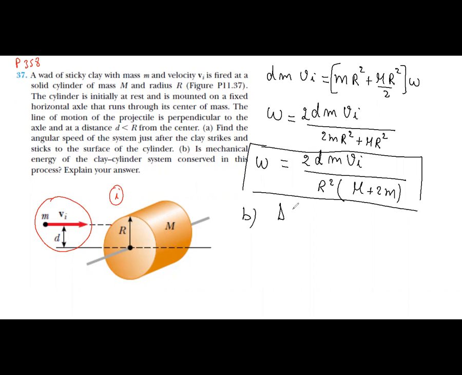We can say, is the delta mechanical energy equal to 0 or not? As the object after the collision sticks on the cylinder, in this case we have a non-elastic collision. So we can say, in general, we don't have a conservation of mechanical energy.